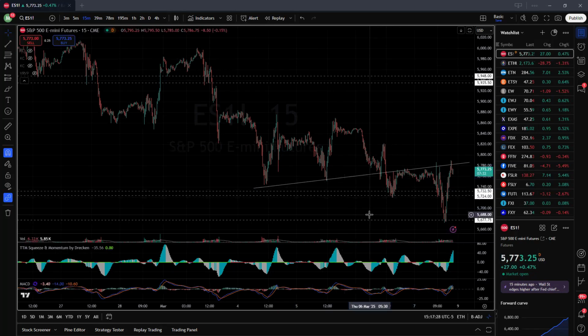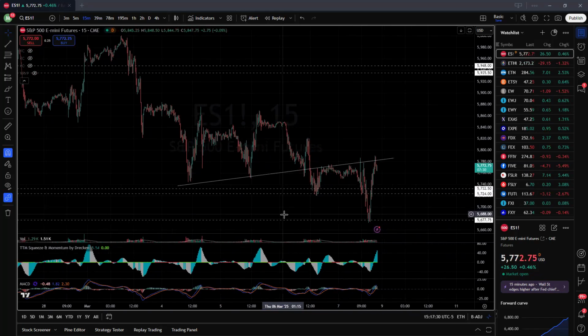What we want to see, if we're looking for clues that the market is going to turn, is we need to maybe make a low, right?